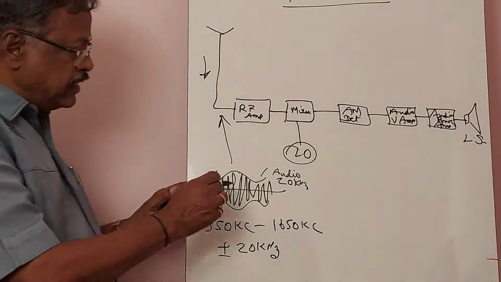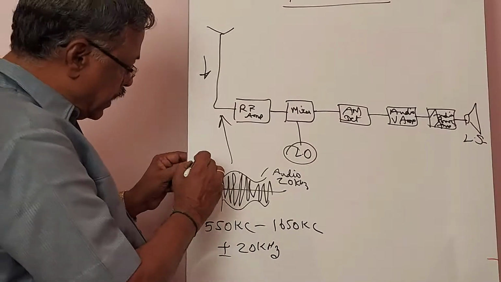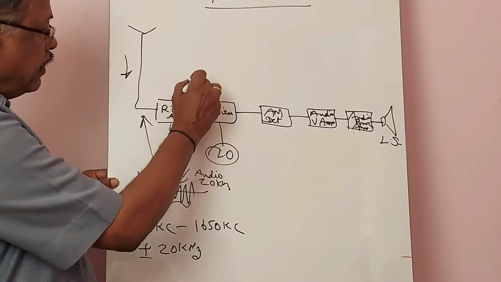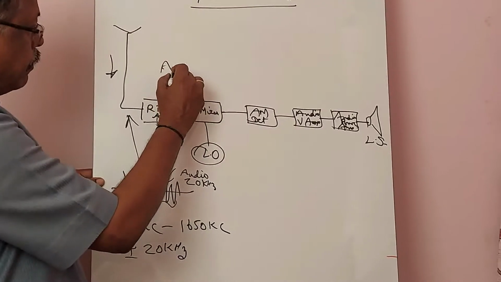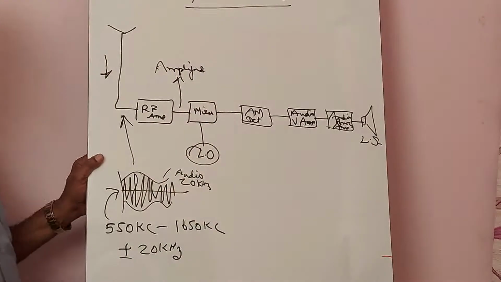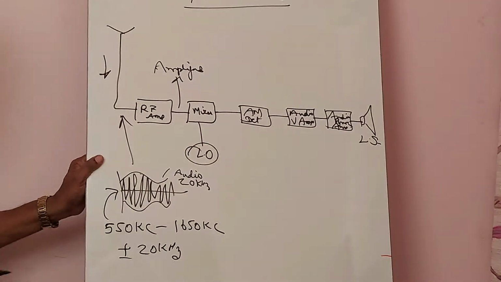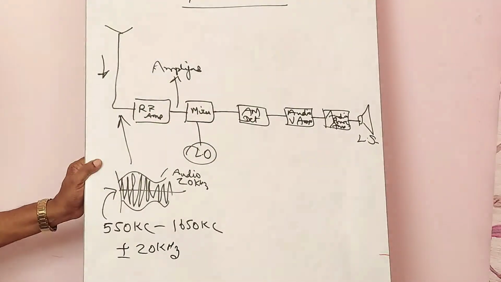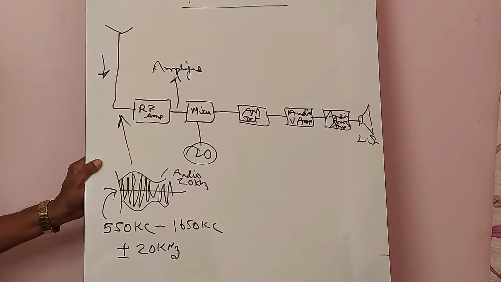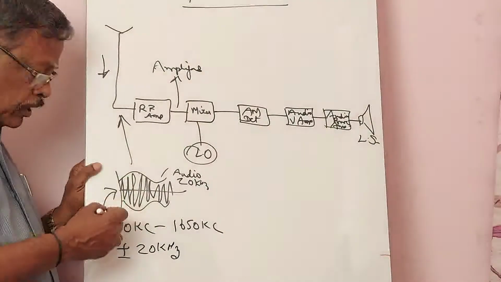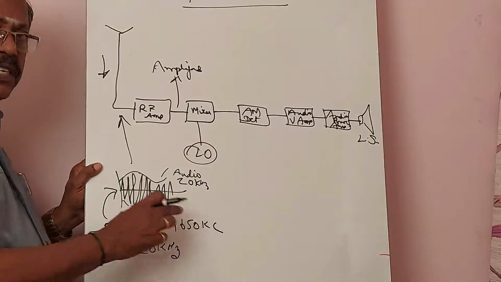Okay. So this is the small signal, 300 microvolt, that is being amplified by the RF amplifier, and here the amplified RF signal is available at the output of the RF amplifier. And when it is fed to the mixer, what are we feeding it to the mixer for? The mixer is a frequency converter, because the carrier frequency is going to be somewhere between 550 kilohertz and 1650 kilohertz.